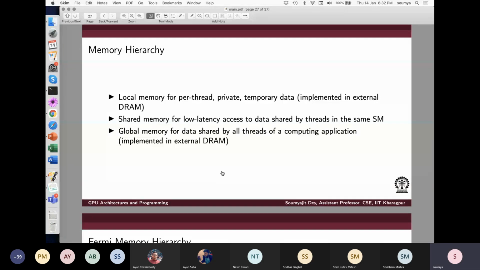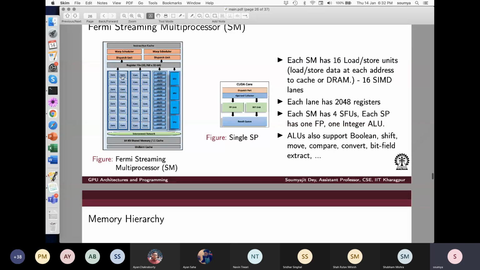Am I clear here? Sir, is there a particular reason why this local memory is not allotted at the shared memory level and is instead allotted in the external DRAM? Shared memory has a specific usage. Shared memory is transparently available to everybody. It is not private to a core.